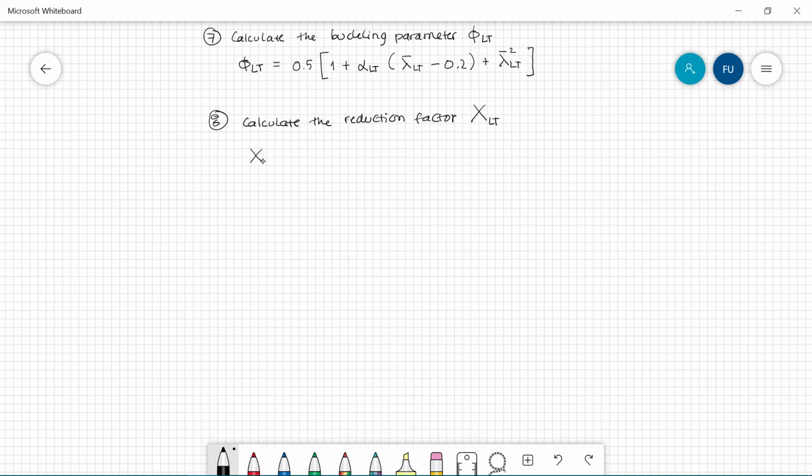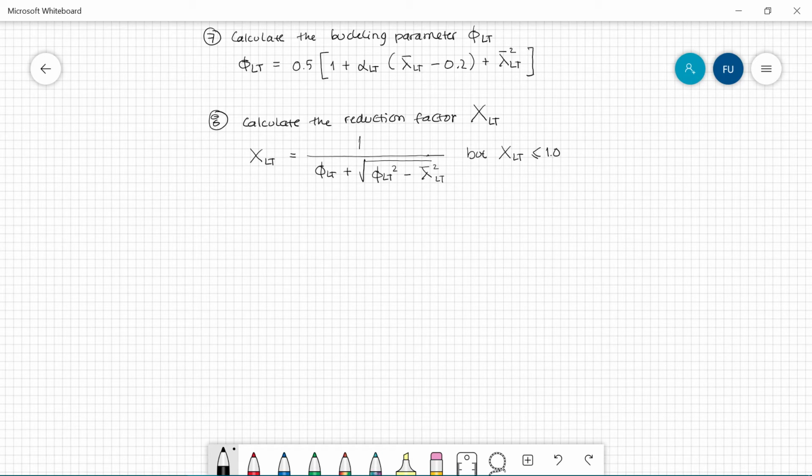So the chi LT is equal to 1 over phi LT plus square root of phi LT squared minus lambda LT bar squared, and then the value of chi LT should be less than or equal to 1.0.